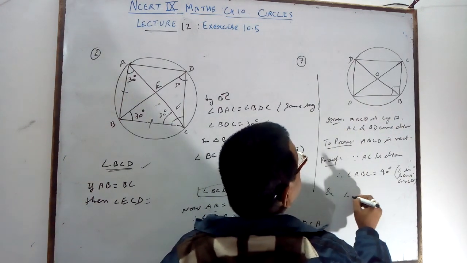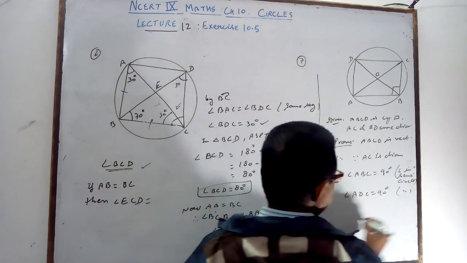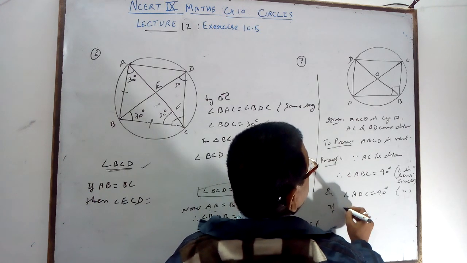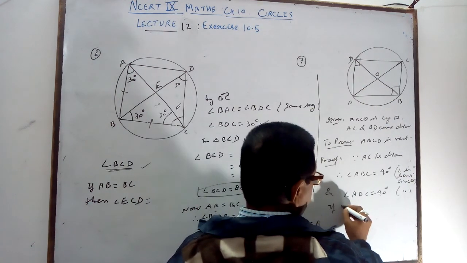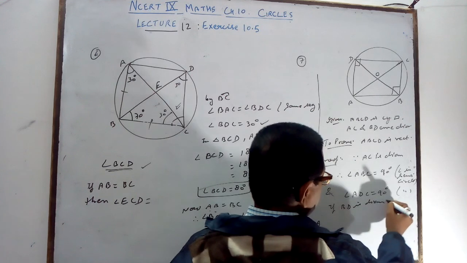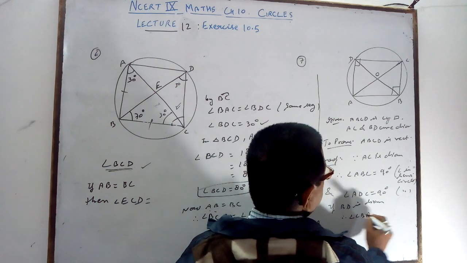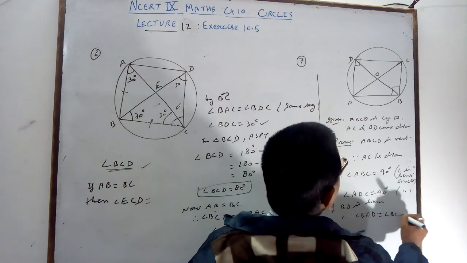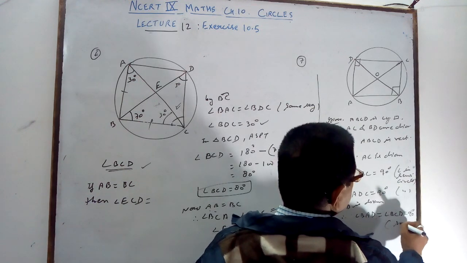And angle ADC is equal to 90 degrees by the same reason. Now BD is diameter, so angle BAD is equal to angle BCD is equal to 90 degrees, by the semicircle.